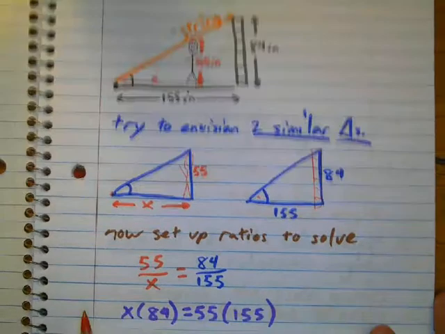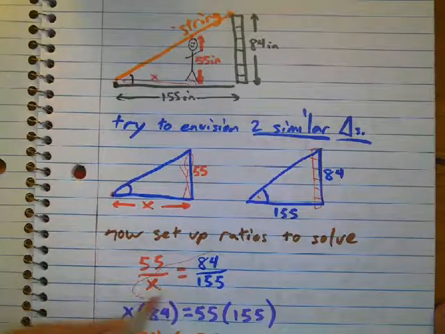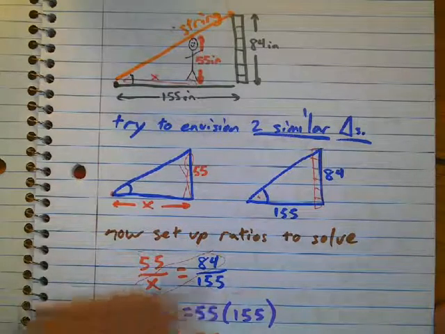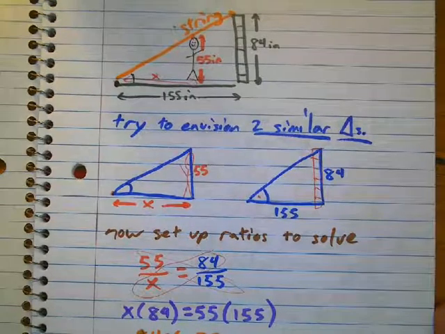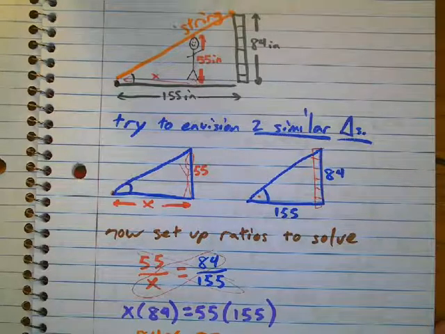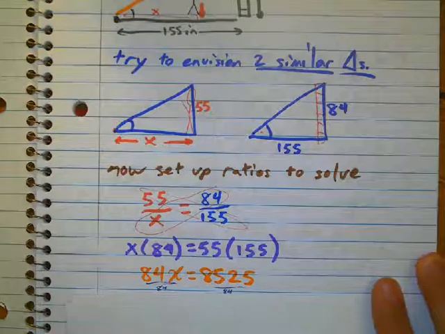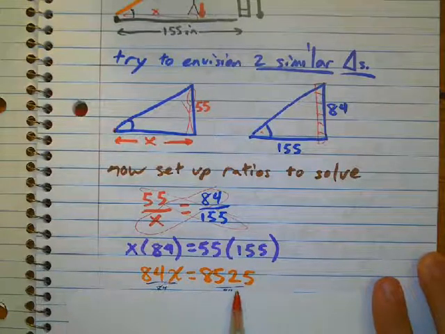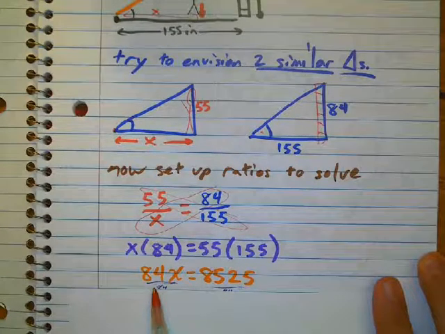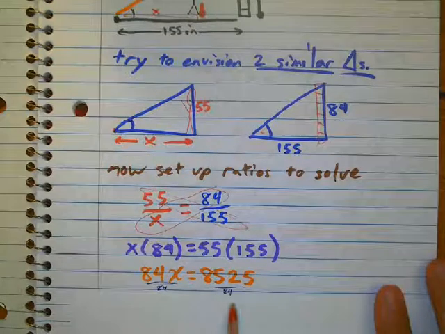If I cross multiply, okay, and then, so 55 times 155 is going to give me 8,525. And then, so in order to solve for x, now I'm going to divide by 84 on both sides.